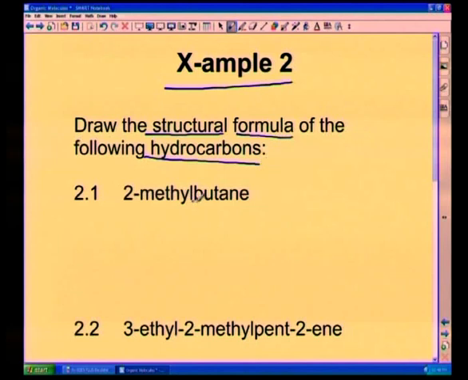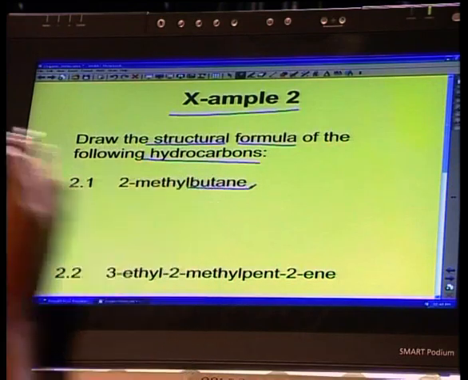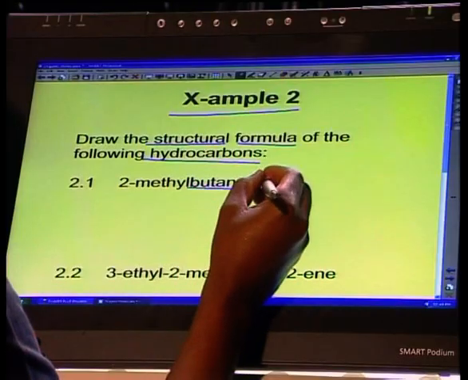Firstly, the main chain here, or the main name here, is butane. And butane is an alkane because but tells me the number of carbon atoms, and at the end, the suffix is ane.